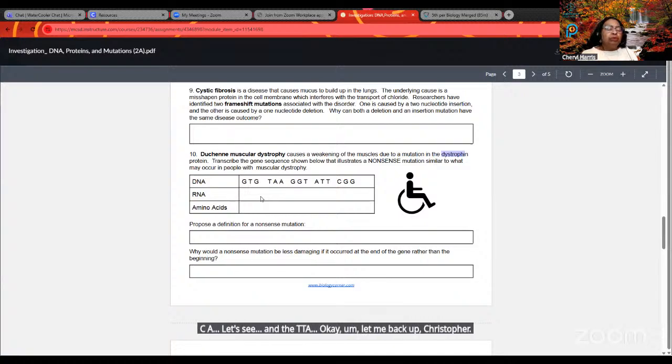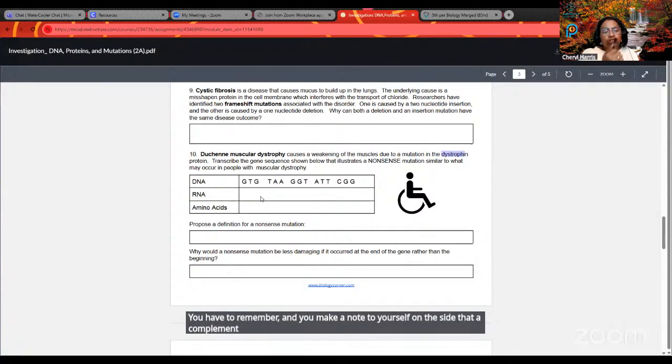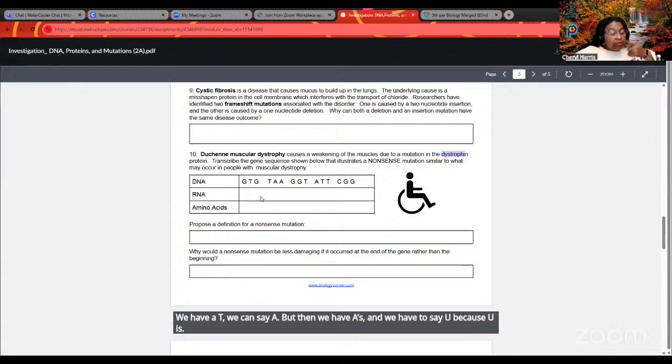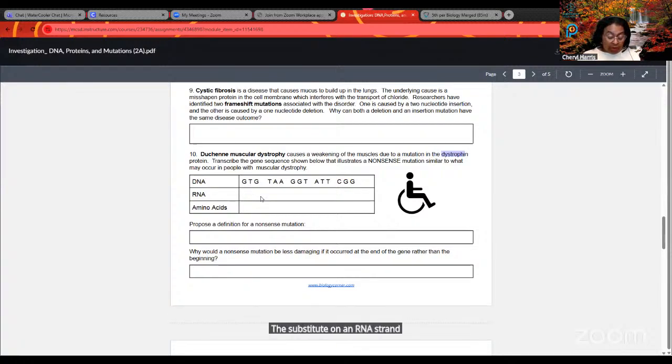Remember, and make a note to yourself on the side, that in complementary bases, G always matches C, A always matches T, except in RNA. So the T will match an A. There are A's in an RNA strand, but there are no T's in an RNA strand. So in the next set, when we have a T, we can say A, but then we have A's and we have to say U, because U is the substitute in an RNA strand for thymine. There is no thymine in an RNA strand.